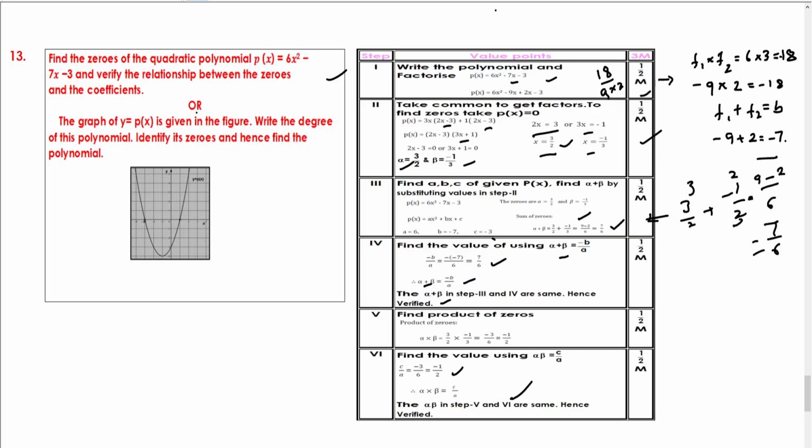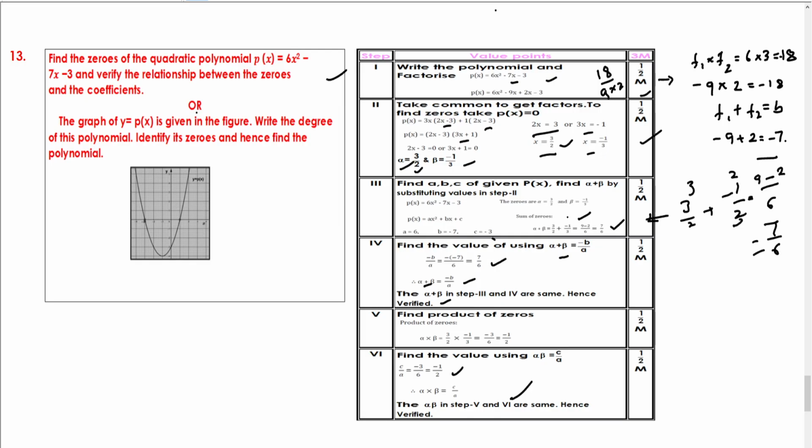Now, the next step is to compare and find a, b, c of the given polynomial. Find alpha plus beta by substituting, as in step 2. You already got alpha as 3 by 2, beta as minus 1 by 3. Now, compare this with the standard form. A becomes equal to 6, b will be minus 7 and c is minus 3.